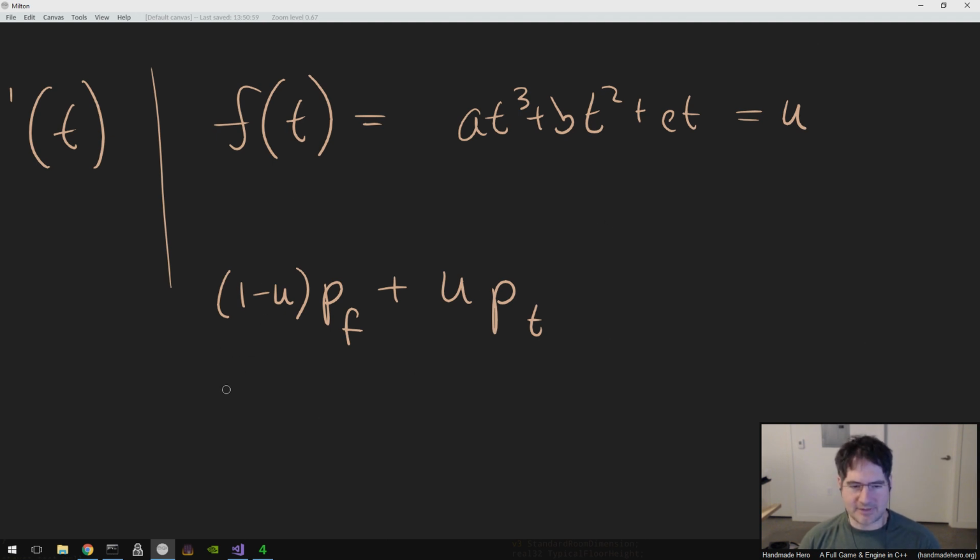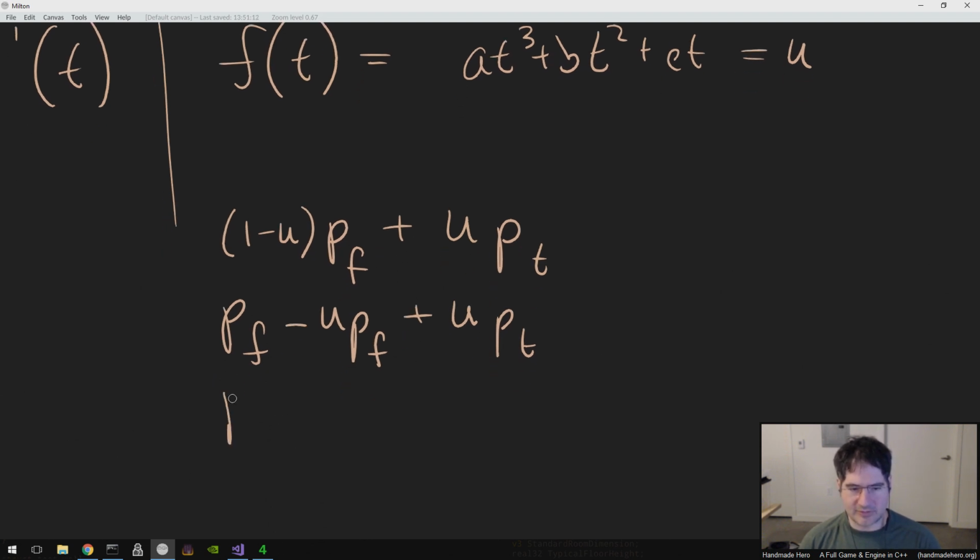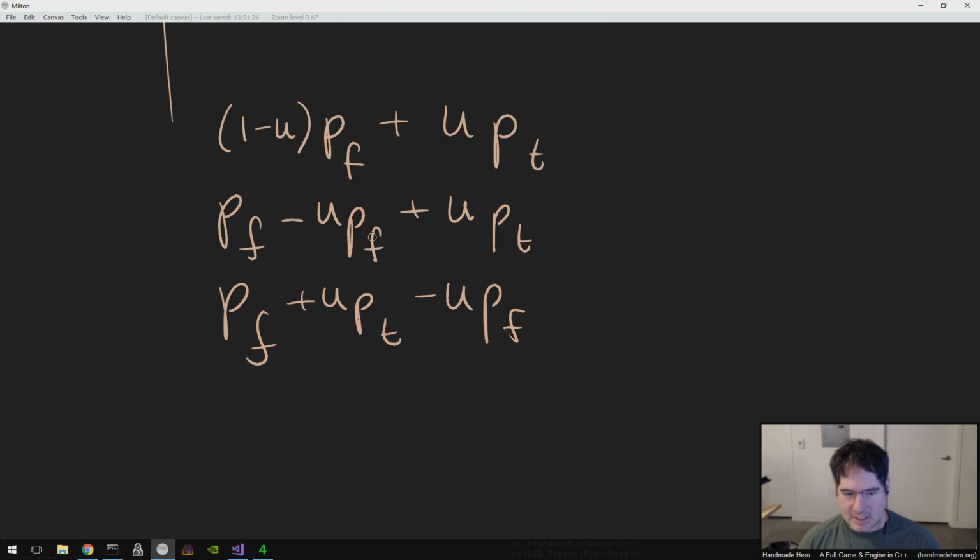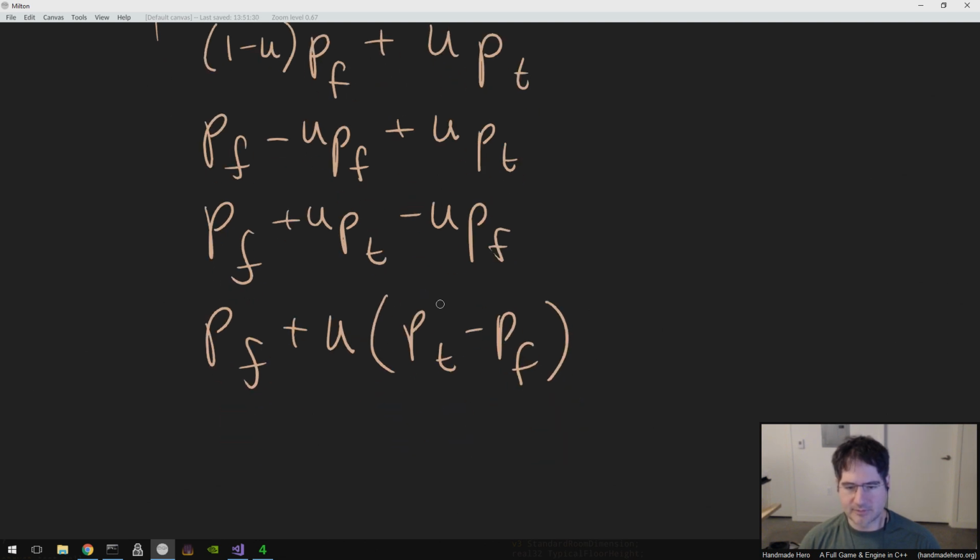Well, if I multiply that out, I would get p of f minus u p of f plus u p of t, right? Which is another way of just saying p of f, I don't know if you can see this, I'm going to swap these around, plus u pt minus u pf, right? So it's really just p of f plus u times pt minus pf.